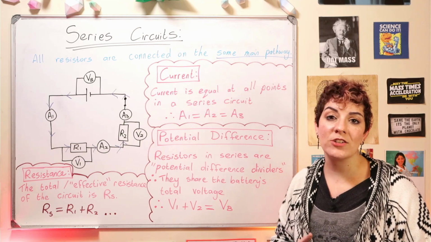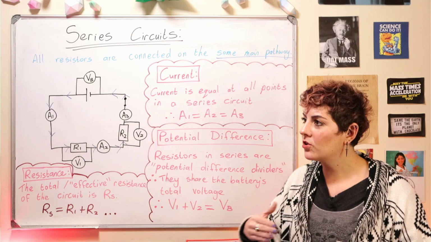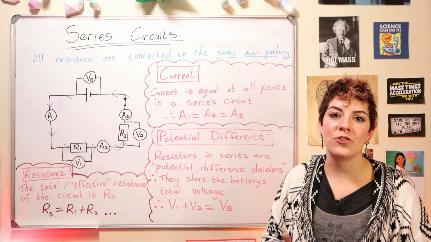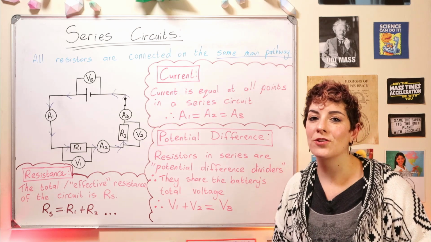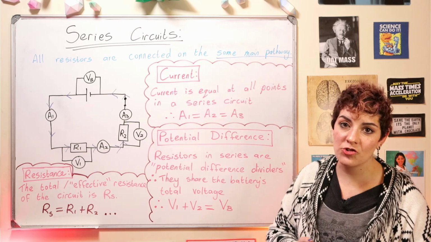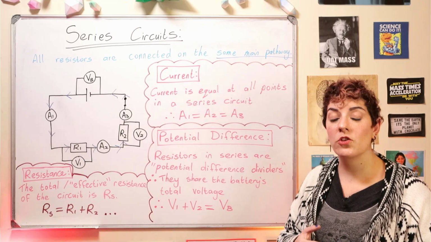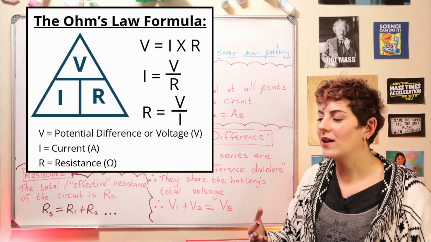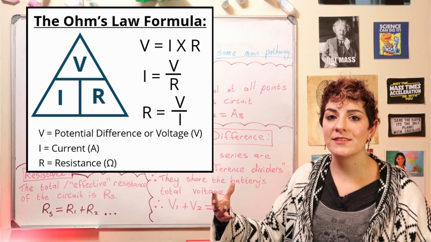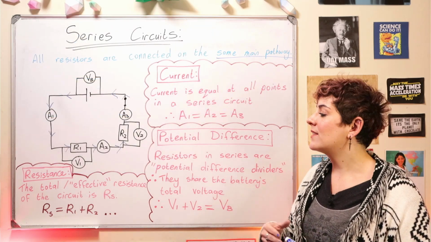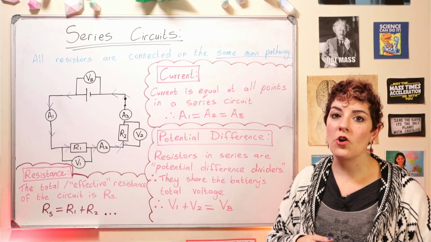So with series resistors, to get the total or effective resistance of the circuit, all you have to do is add the different values of your series resistors together to get the total or effective resistance in series, which we've symbolized as RS. We will also be using the Ohm's law formula to calculate various resistances, potential differences, currents, etc. What I will just say is that you always need to use values of V, I, and R that go together.